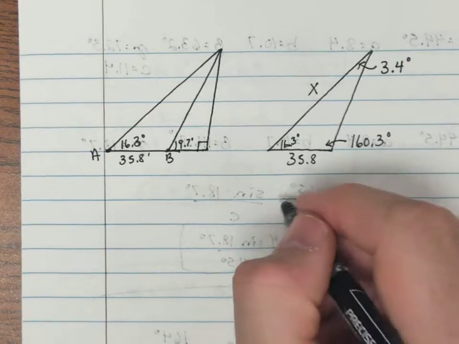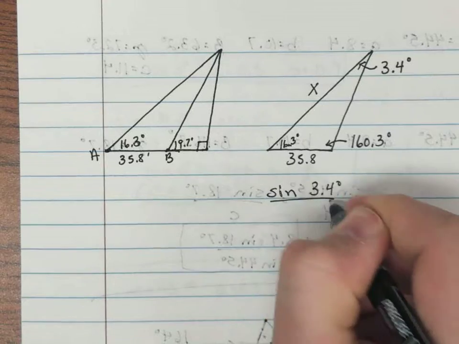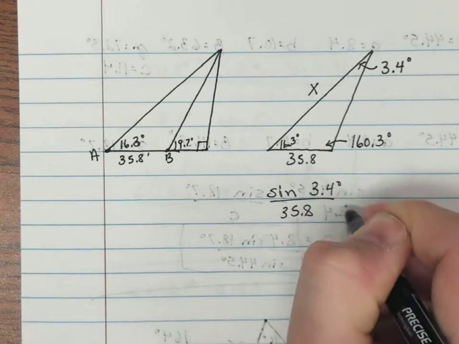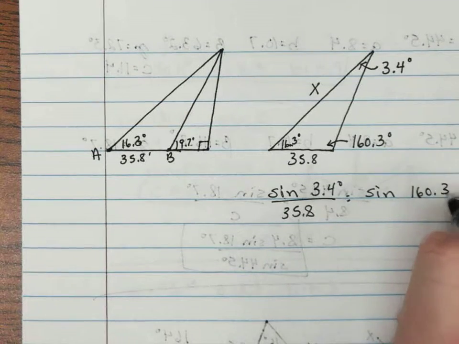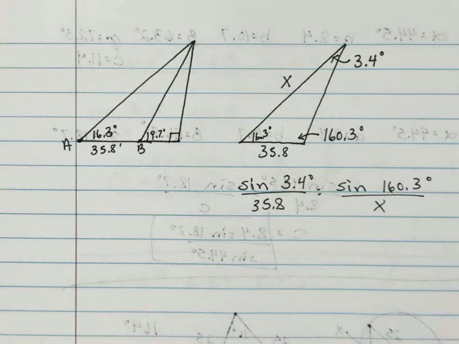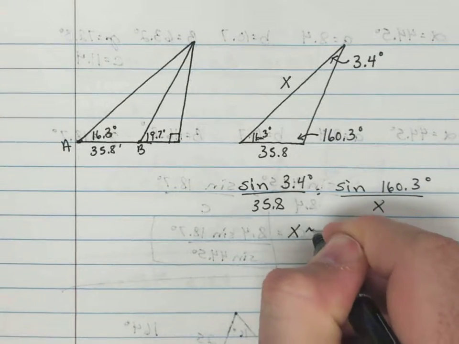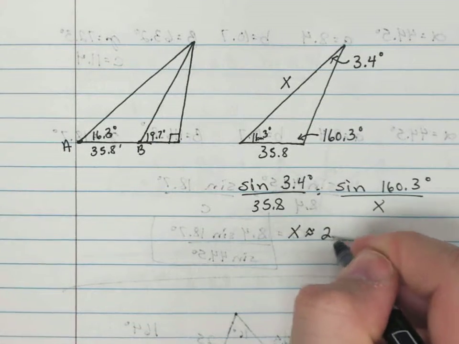So we're going to use this information and the law of sines. The sine of 3.4 over 35.8 is equal to the sine of 160.3 over x. Solve it like a proportion. I get x is about 203.49.